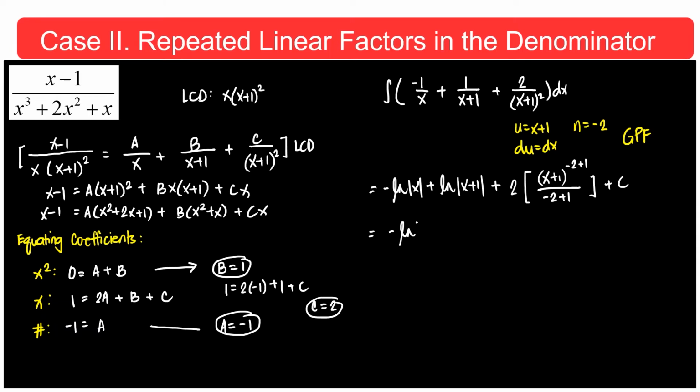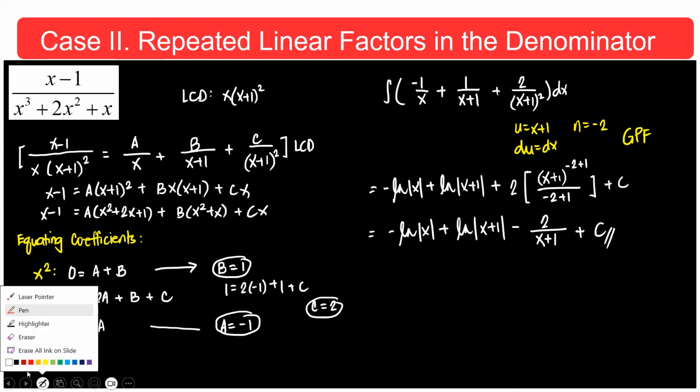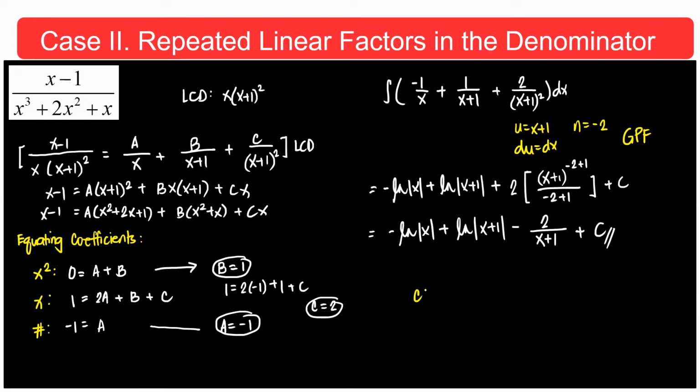Therefore, the final answer would be negative ln of x plus ln of x plus 1 which becomes negative 2 over x plus 1. Right? Okay. Plus c. So again, let's try to summarize. Case number 2 would be a combination of ln and power.